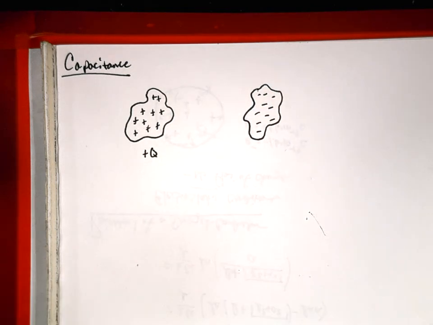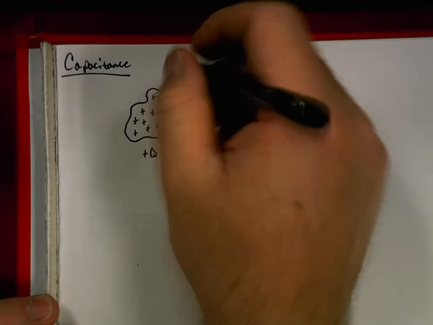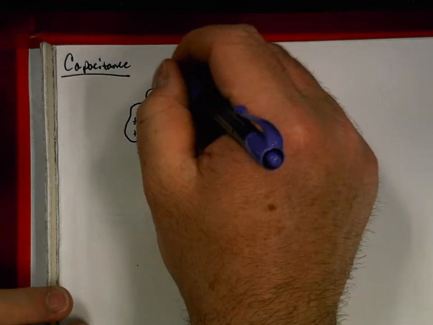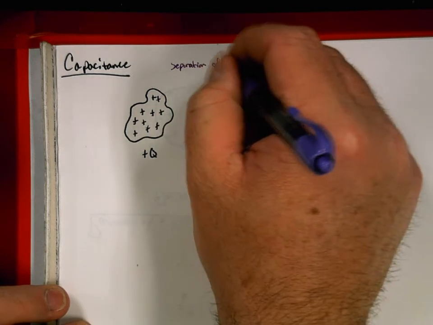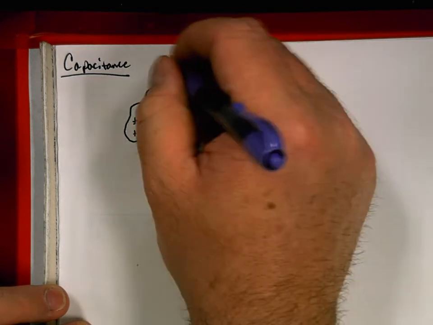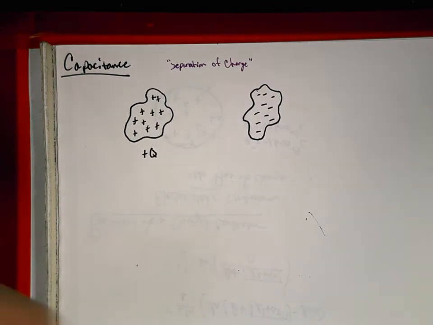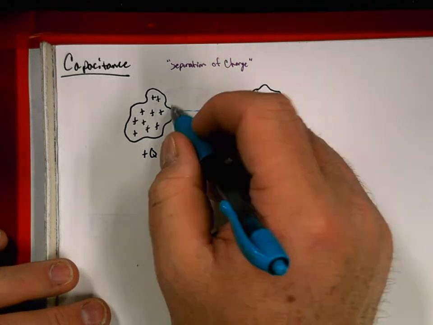All right, and yeah, count them, they're equal. These two things have equal charge. Okay, we call this a separation of charge. Between these we of course have our electric fields that go straight across.